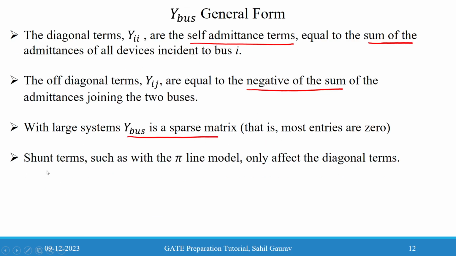Another thing is that some terms such as the shunt line model only affect the diagonal terms. So this is the most important point, and is also important from the GATE point of view. In the GATE exam, they will give you the actual system with the Y bus given, and now they tell you that we are connecting a shunt admittance value and shunt capacitance value at different buses.